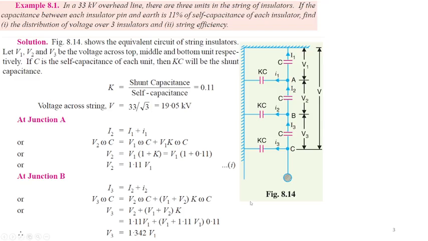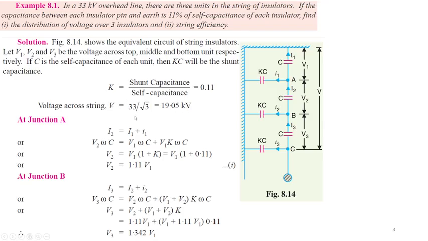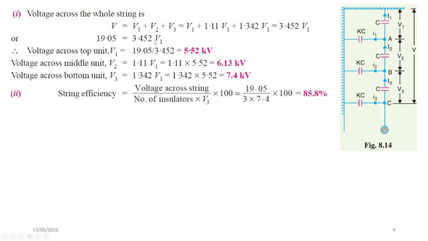And V is equal to V1 plus V2 plus V3, right? We have this equation as well. This is a KVL. We can replace the values in these equations, and finally V has been calculated based on this information. So V1, the voltage across the top unit, is equal to this value. And if we find V1, then we can find V2 and V3 based on the previous equations.